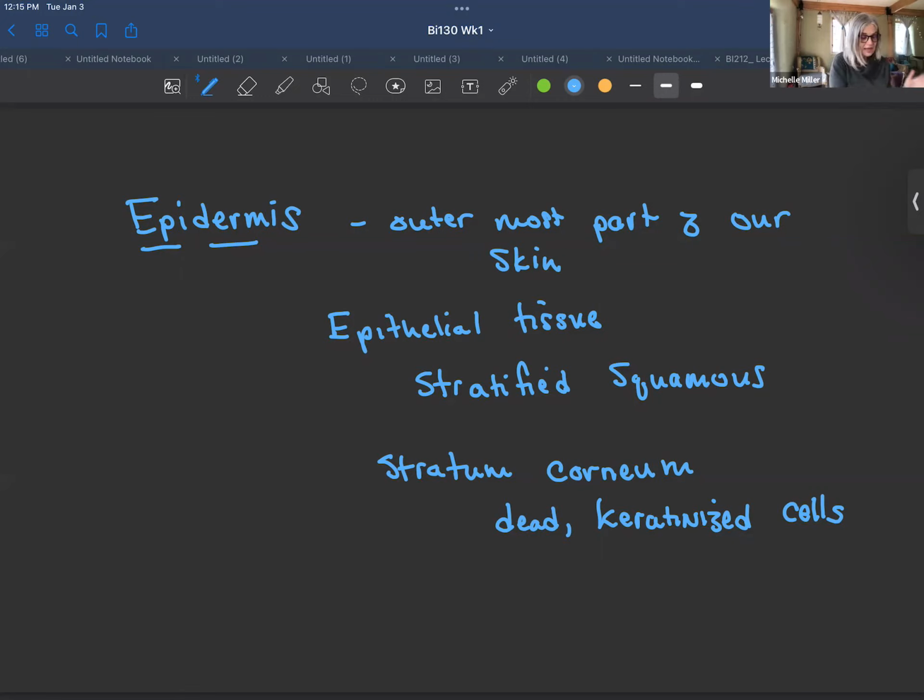Now, the innermost layer, there's a couple of layers in between, but the innermost layer is what is referred to as the stratum basale. So basal means that it is the layer that is most underneath. And this includes the stem cells that give rise to new skin cells.